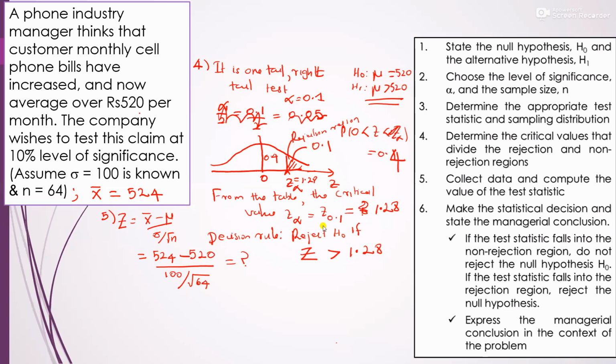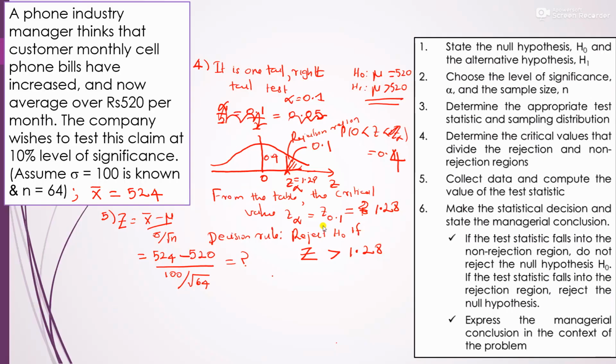The average increased over 520. If there is not enough evidence to reject H naught, then mu is equal to 520. So the monthly phone bill is still 520 and not increased over 520. That part you have to complete, right?